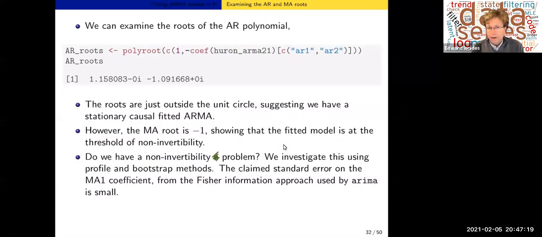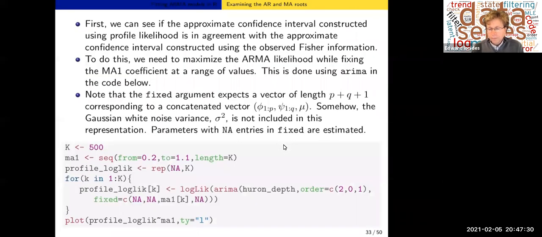But let's investigate whether this standard error is actually good. The first thing we can do is see if the profile confidence interval is in agreement with the Fisher information confidence interval that the ARMA function gives us.